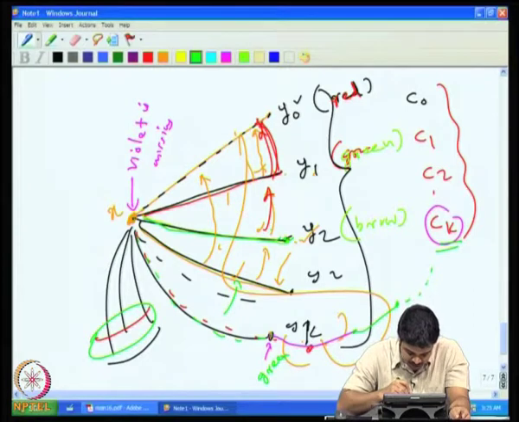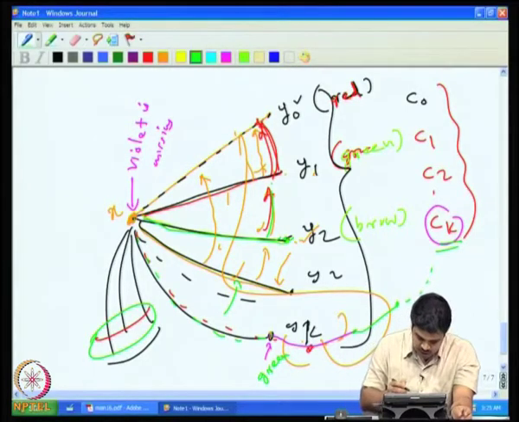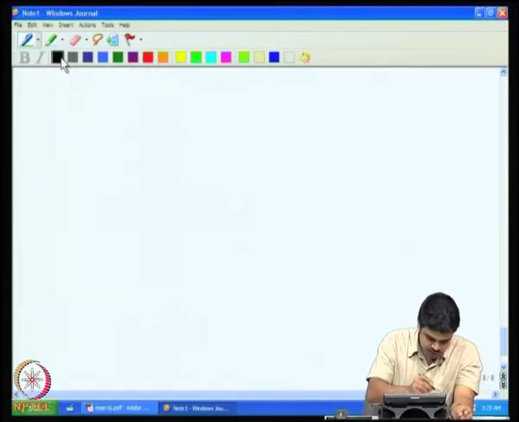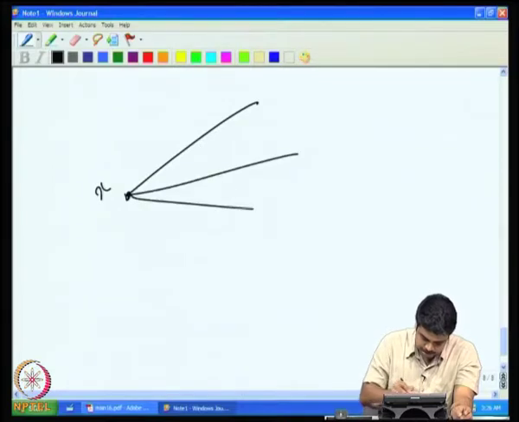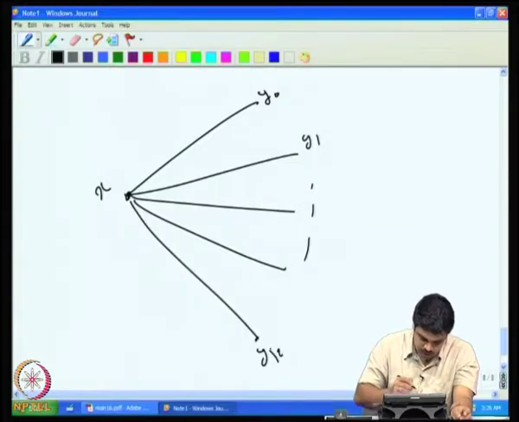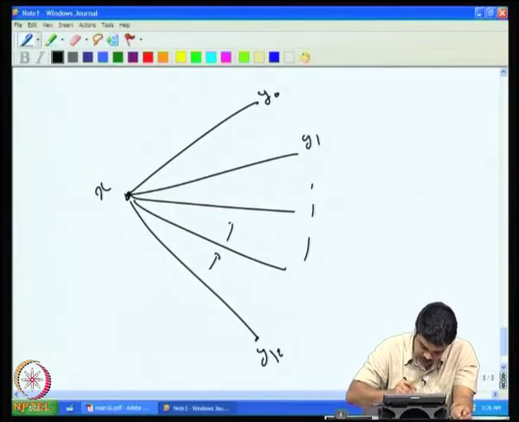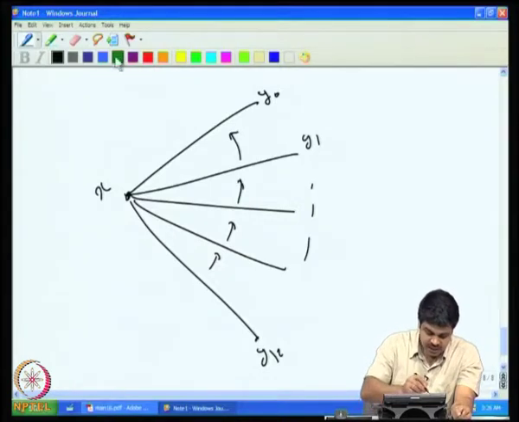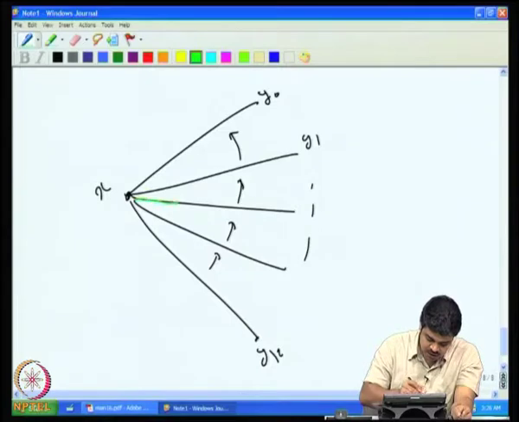So when I created this, I have rotated all these things. So y2 had this color. Let us say I'll draw it once again. So this is x, this is my y0, y1. So here is the yk, and now I have rotated the colors. So see, initially green color was here, but by rotation this is gone here, right.